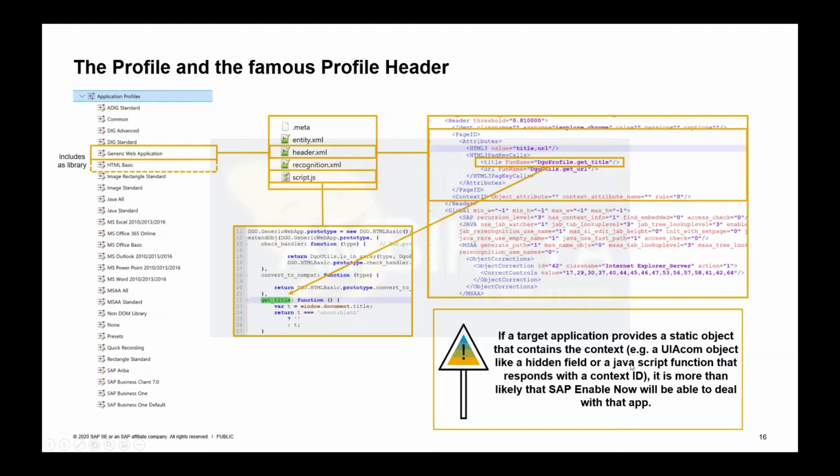By the way, this is exactly what we lately did with an Oracle platform. They used an Oracle application, and that Oracle application provides this context using a specific JavaScript function. We did exactly the same. We added one attribute here pointing to that particular function, which was called once every page change, and it works like a charm. So we had Desktop Assistant up and running on that application after a day.